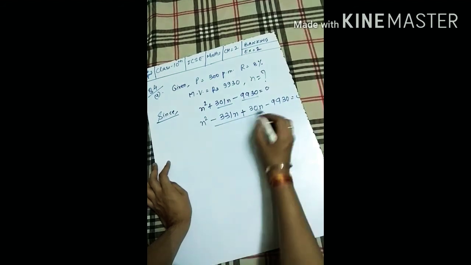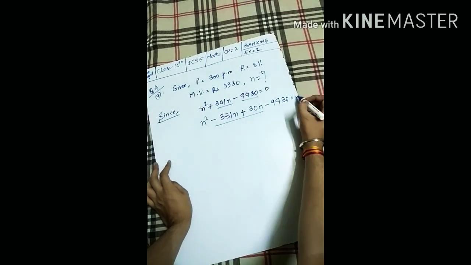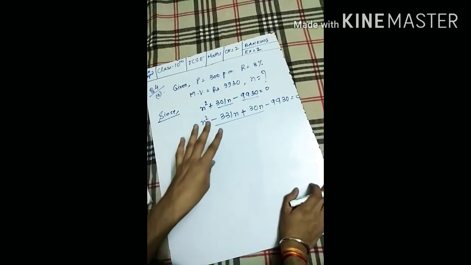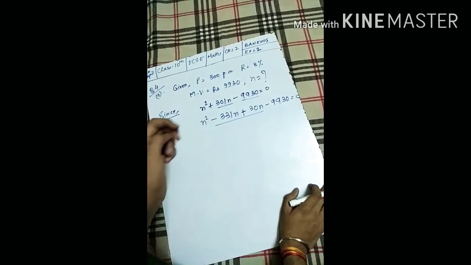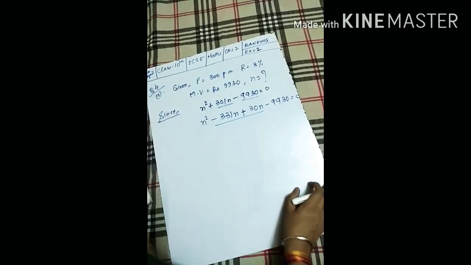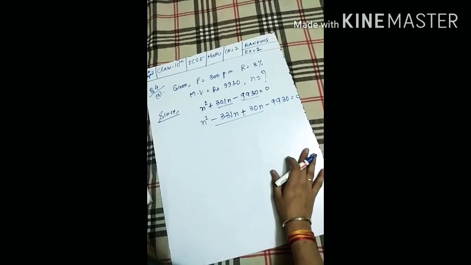Now how have I found this? This will be very comfortable for you when we start the quadratic equation chapter, which we are planning to do, and in that chapter all the things will be clear to you.